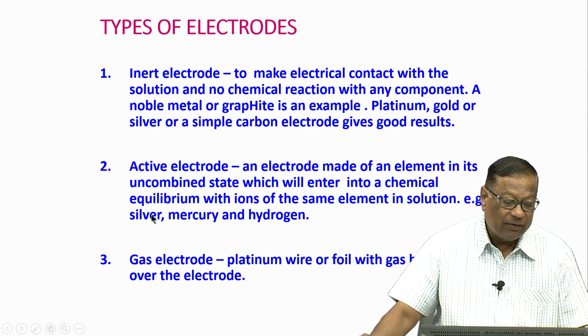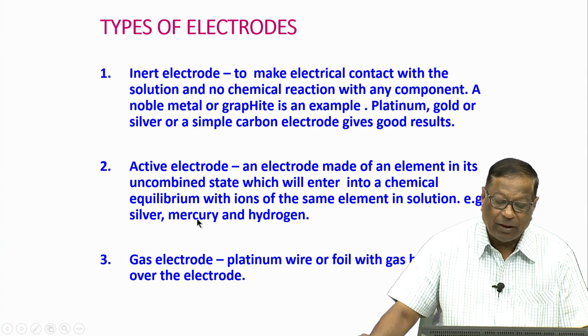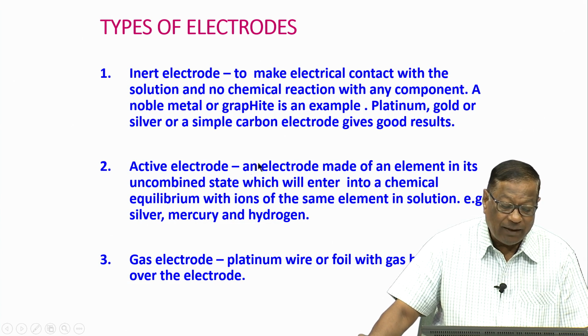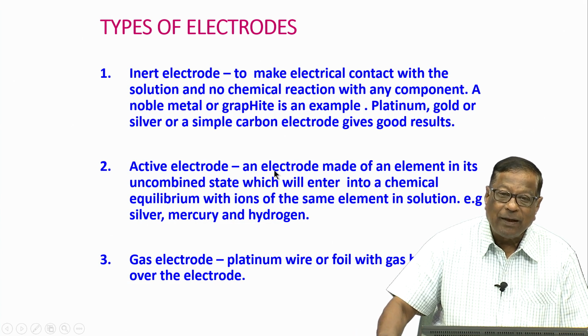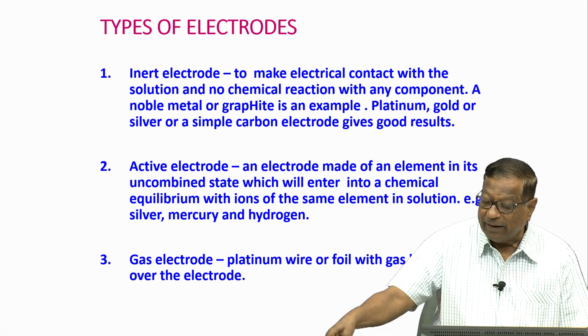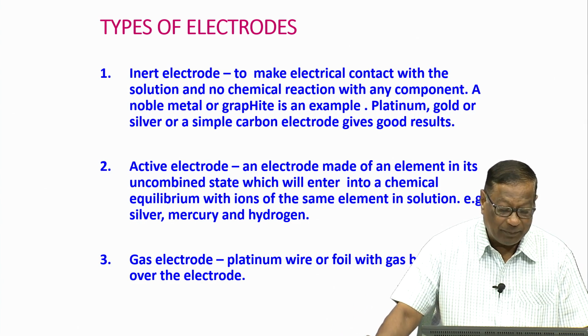If I am studying silver, then my electrode should be silver. If I am doing it with mercury, it should be a mercury electrode. If it is hydrogen, it has to be a hydrogen electrode, like that. So, that is known as an active electrode, that will enter into a chemical reaction in our experimental setup.